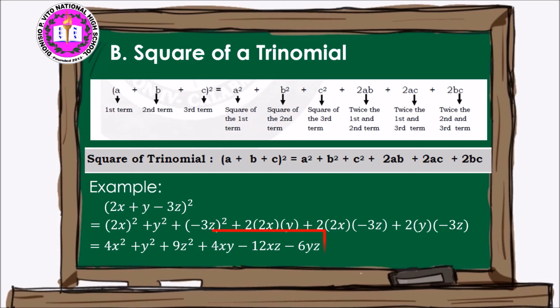Therefore, we have (2x + y − 3z)² is equal to 4x² + y² + 9z² + 4xy − 12xz − 6yz.